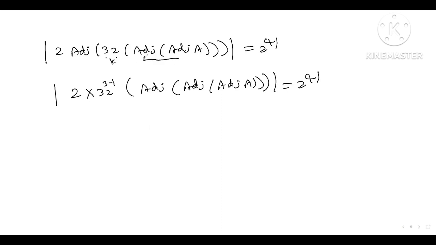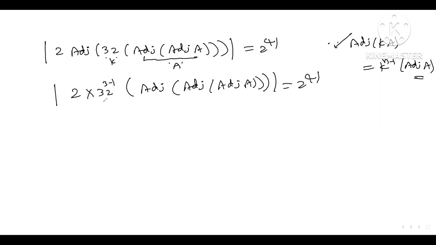So adjoint of A, taking A as the matrix, with the same formula: adjoint of KA is K to the power n minus 1 into adjoint of A. Here K value is 32.